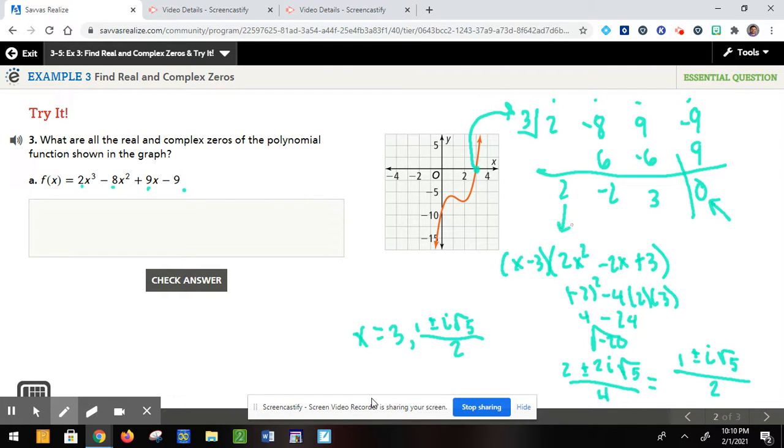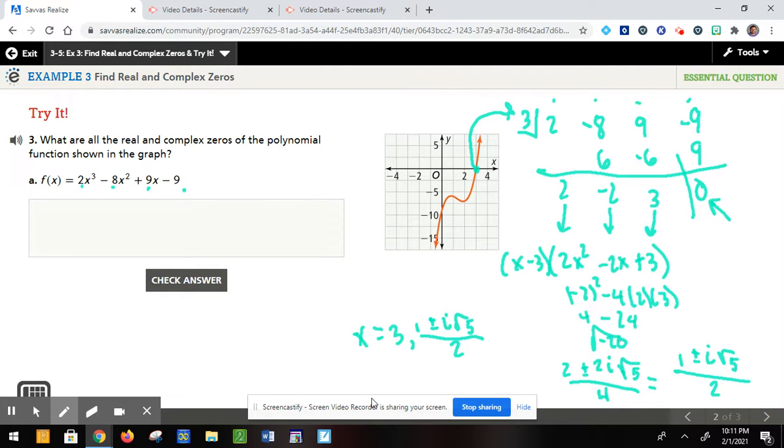Then these coefficients all tell you what that quadratic is going to be. Again, since you're only seeing it cross once, 3 is the real zero. This is going to give you a pair of imaginary zeros. So I do the quadratic formula with that straight off because I know it's not going to be factorable, since the zeros are going to be imaginary.